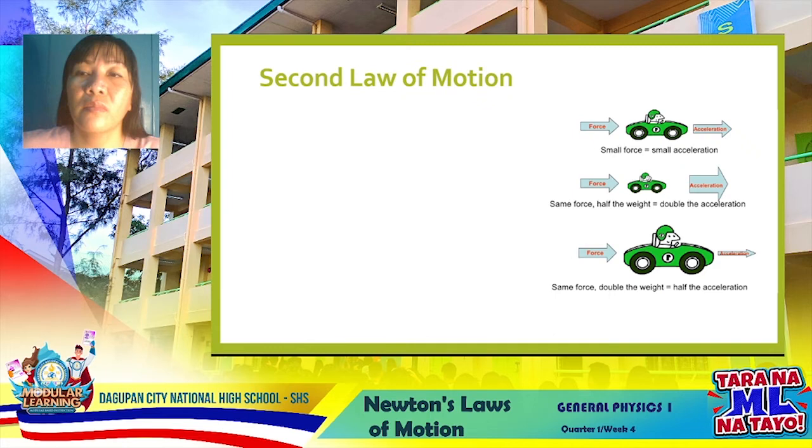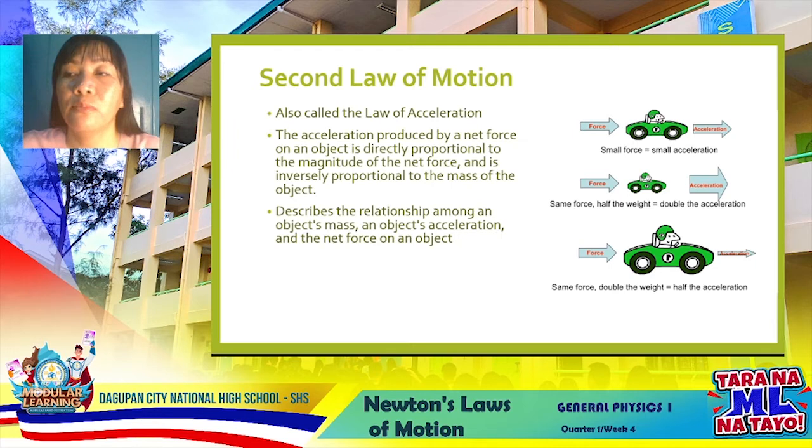Newton's second law of motion is also known as the law of acceleration. It states that the acceleration produced by a net force on an object is directly proportional to the magnitude of the net force, is in the same direction as the net force, and is inversely proportional to the mass of the object. Newton's second law describes the relationship among an object's mass, an object's acceleration, and the net force on the object.